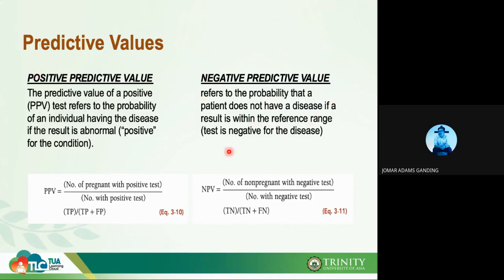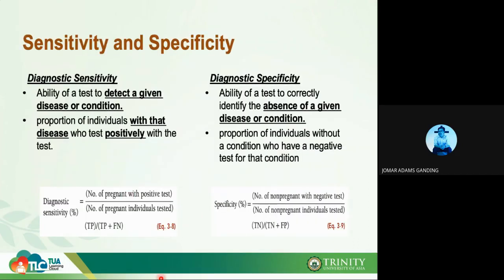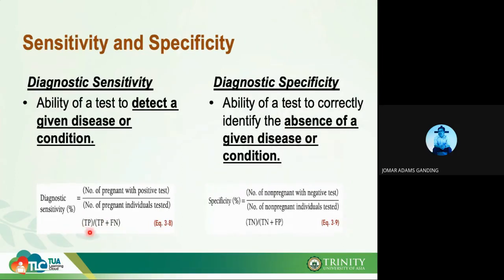So we are also going to use the same problem. The true positive was 8 and the false negative was 2. False positive was 3. The true negative was 7. So the formula will just be a bit different. Let me compare the formula. Here, you combine true positive all over true positive and false negative.